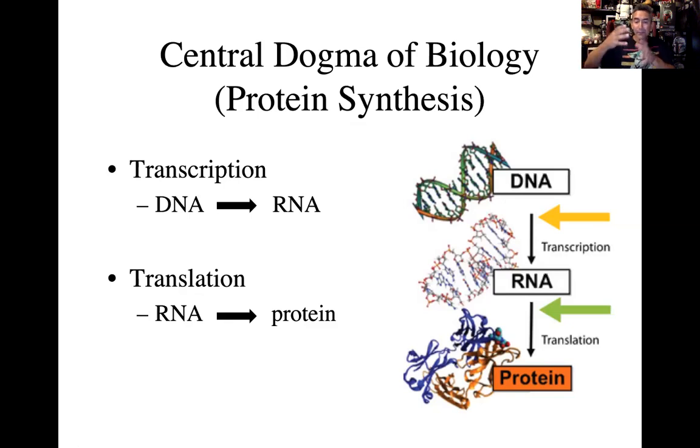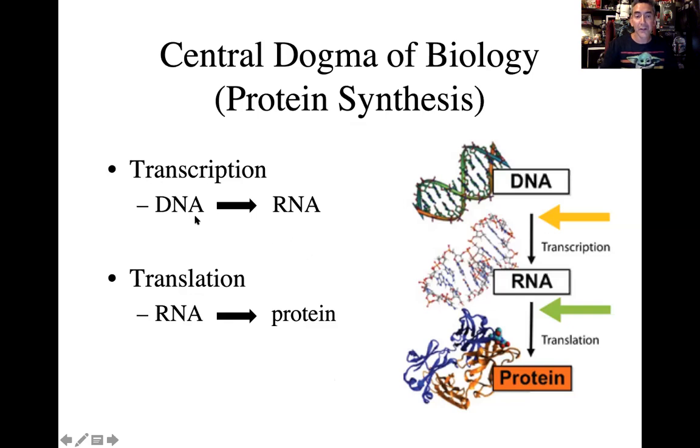So one macromolecule category enables the formation of a second macromolecule category, and that change is what we call translation. If you notice, this box is white because they are the same family of macromolecules. This box is orange because it's a different macromolecule, a different color.